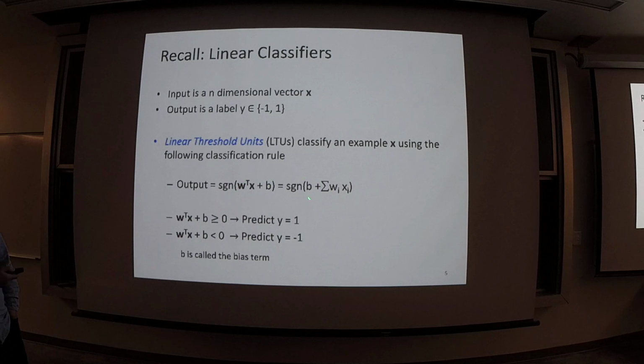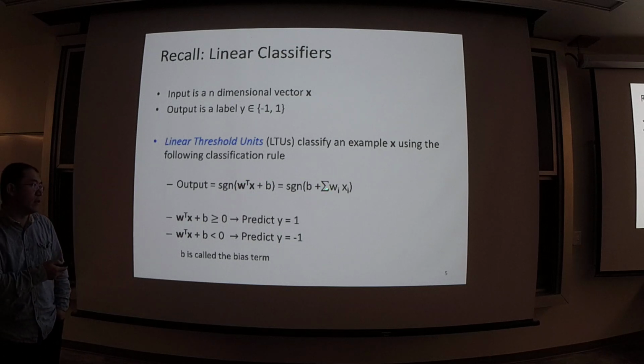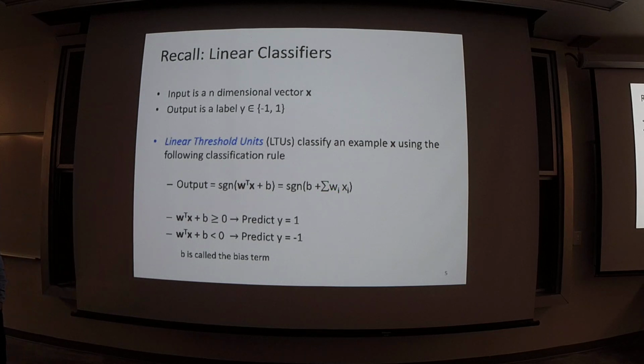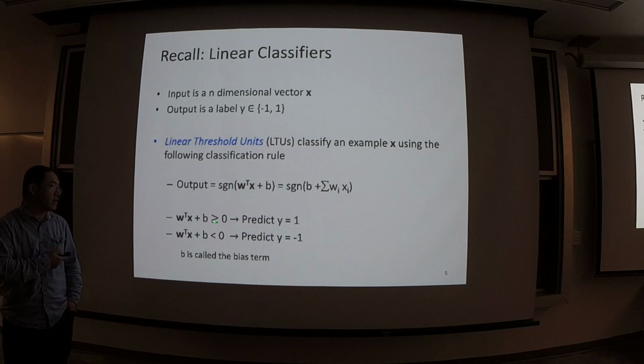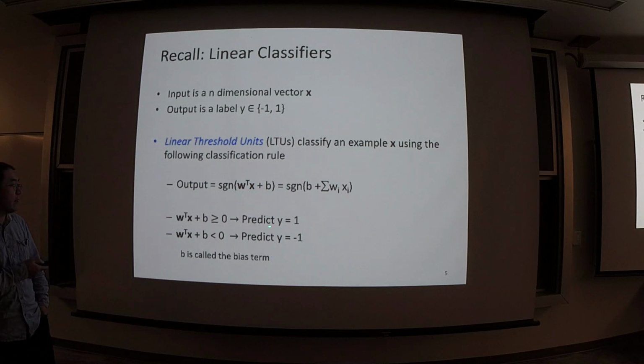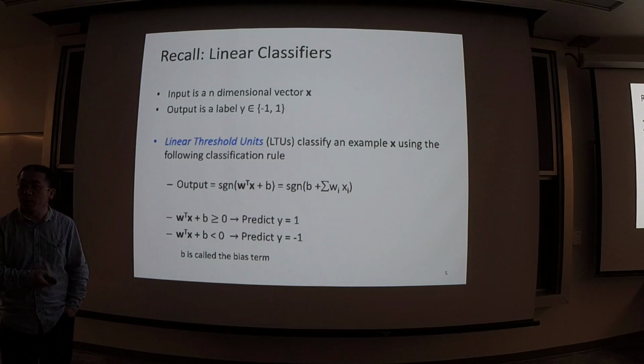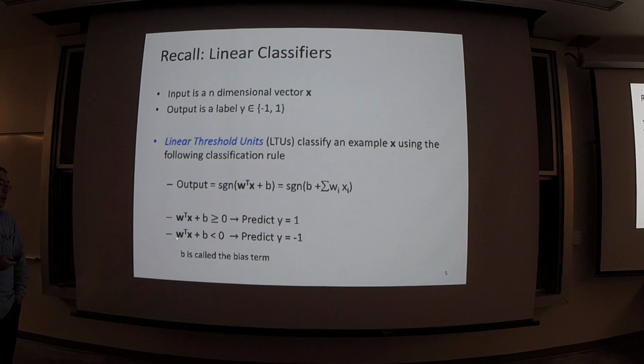If we write it down element-wise, it looks like this. If this linear classification function is non-negative, we predict the label to be 1, namely positive. Otherwise, we predict the label to be -1, a negative sample, and b is called the bias term.